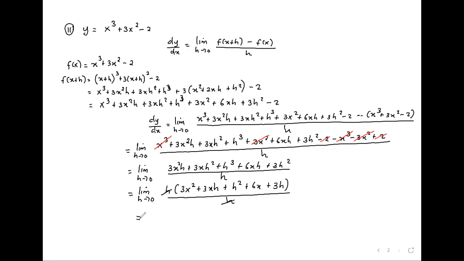Then now we can substitute where there is h. We'll be taking a 0: 3x times 0, 0 squared, 6x plus 3 times 0. This is giving us 3x squared plus 6x.